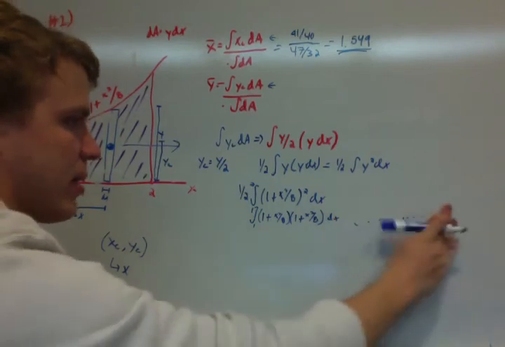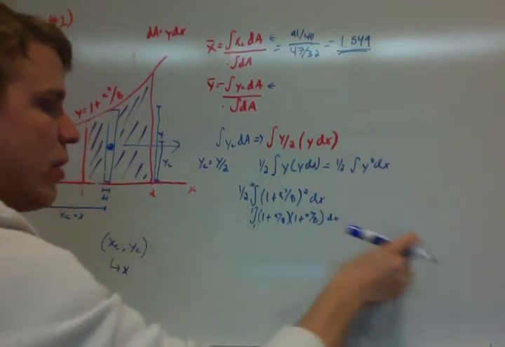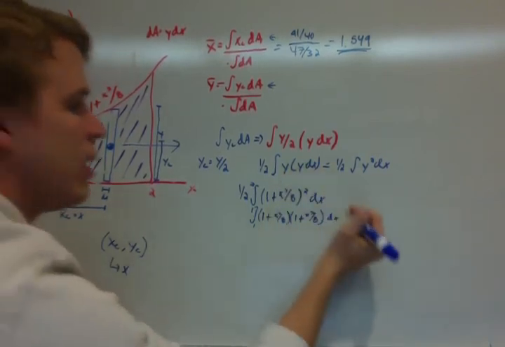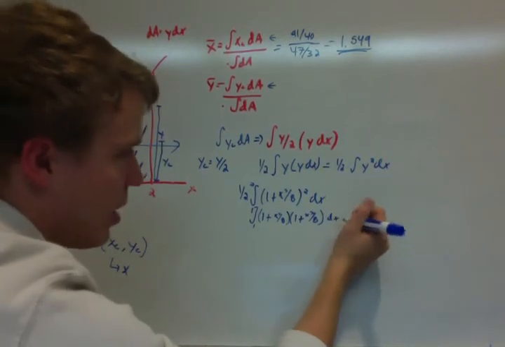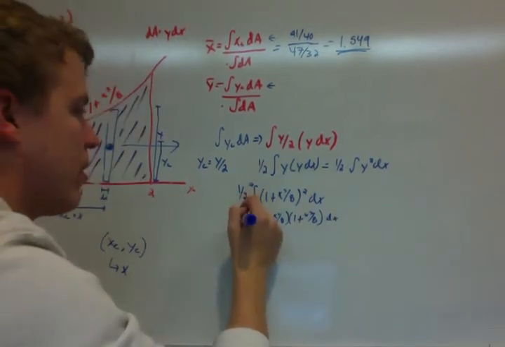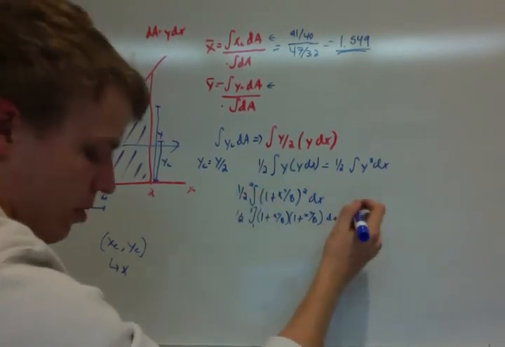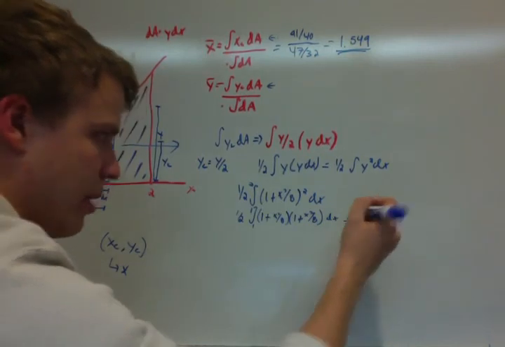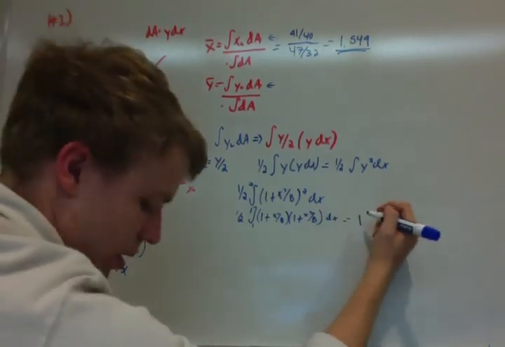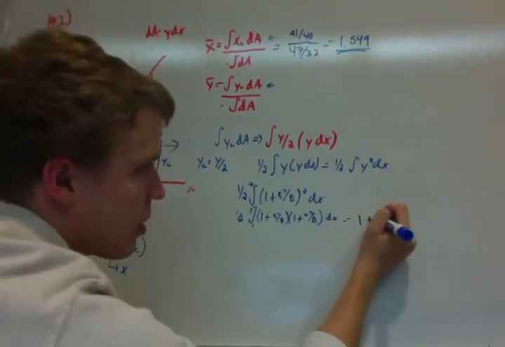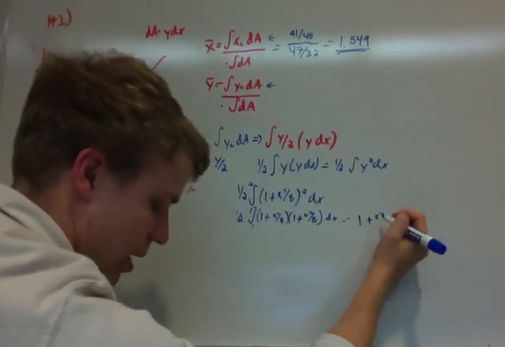Let's go back. Let's distribute this a little more. Let's turn this into a polynomial. So if we do this, remember the 1/2 out here. This turns into, let's see, it'd be 1 plus x cubed over 8.